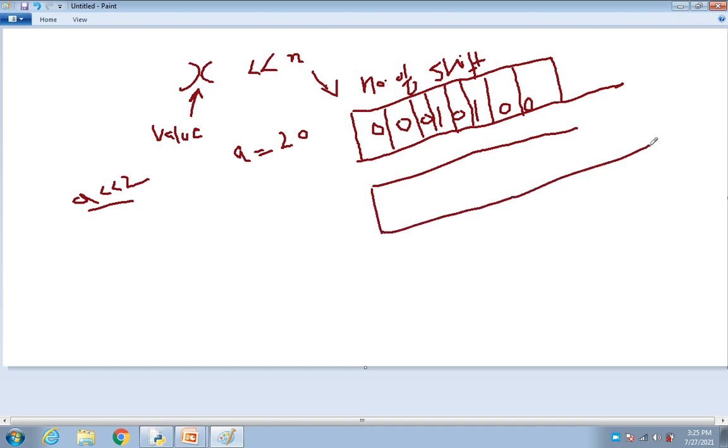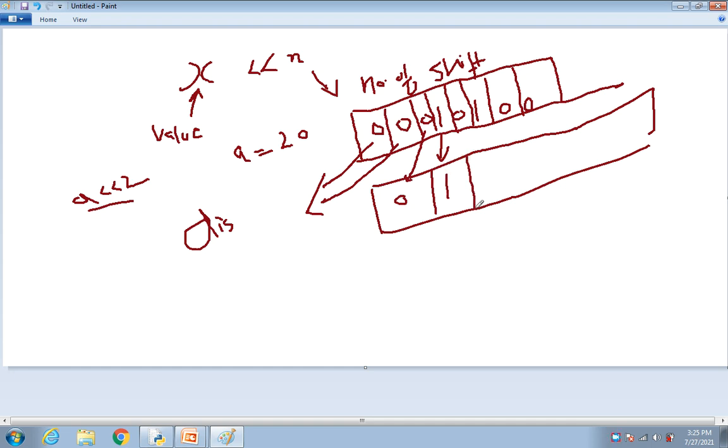Now we have to shift it 2 places left, because this is a left shift. What we have to do is leave these 2 bits, that means you are going to discard these 2 bits. Then you put this 0 over here, this will be your first.